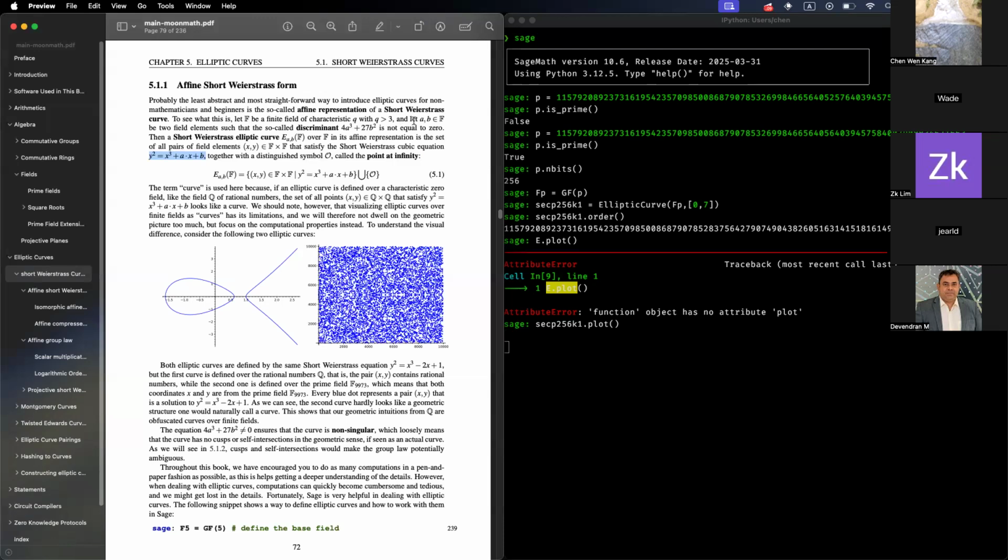If it's not equal to zero, it means the graph intersects itself, and when we use the group law here, it will result in behavior we do not want for an elliptic curve.